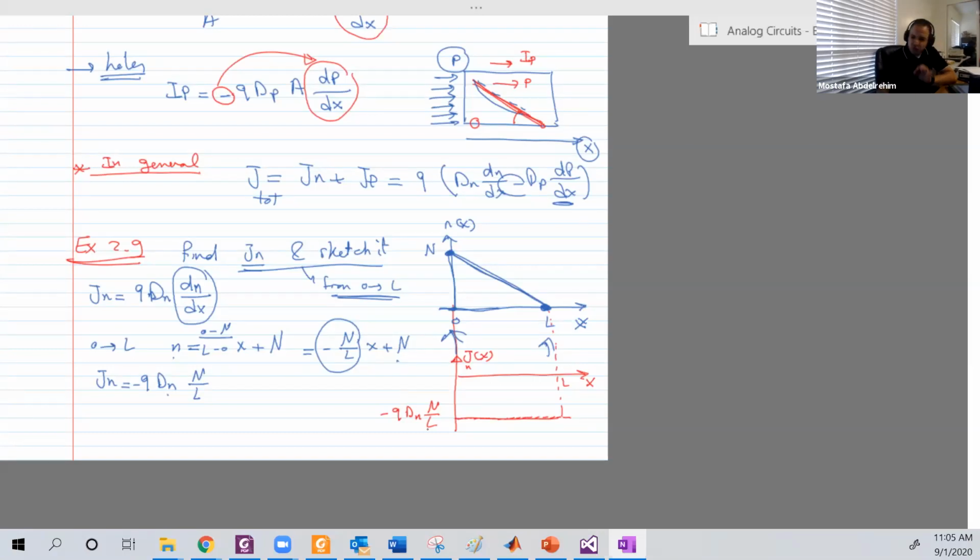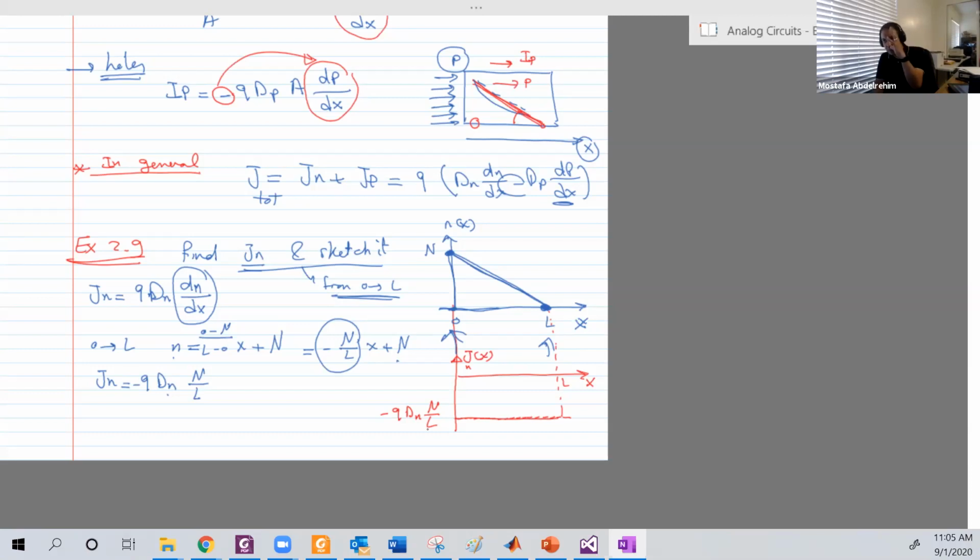And just one final observation. What's meant by if we say that the current is constant? That means that the electrons that we inject at x equal to 0, all of them will reach x equal to L, okay? But this is not usually the case.